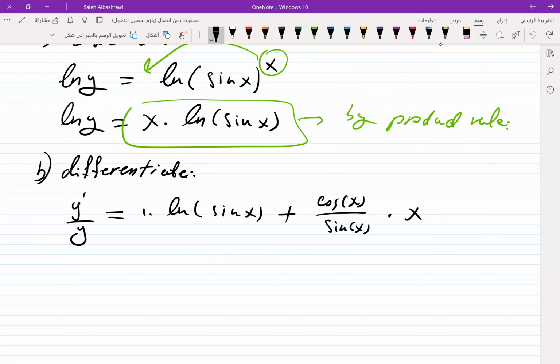So the derivative y prime will be y multiplied by ln of sine x plus x multiplied by cotangent.